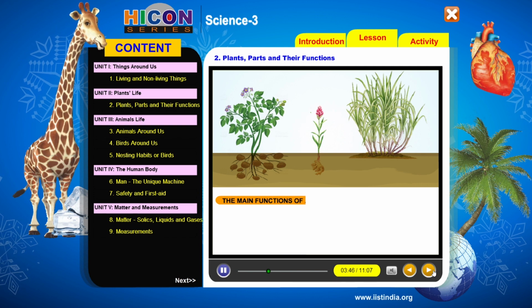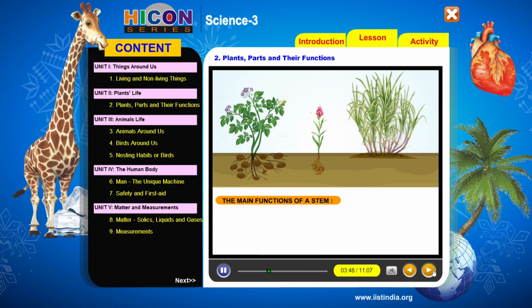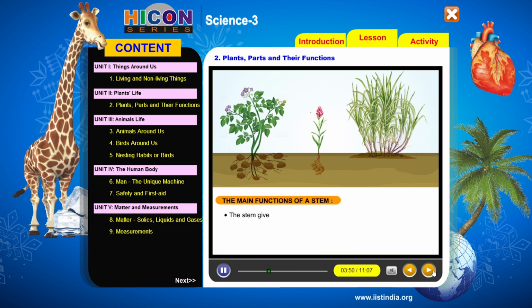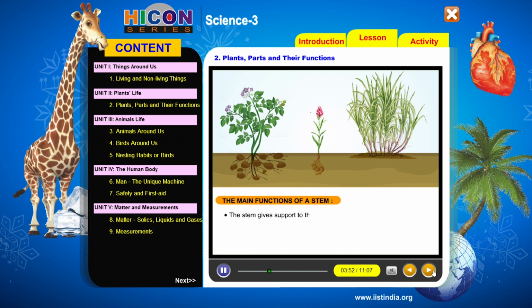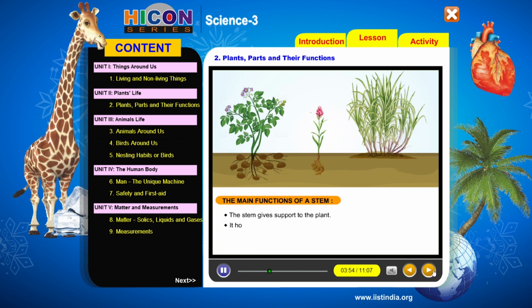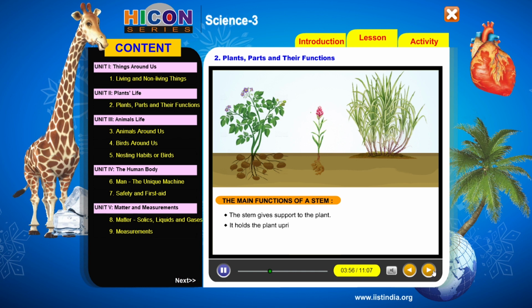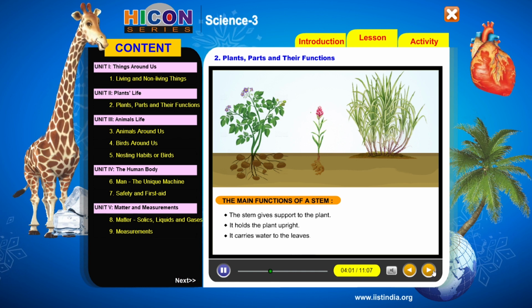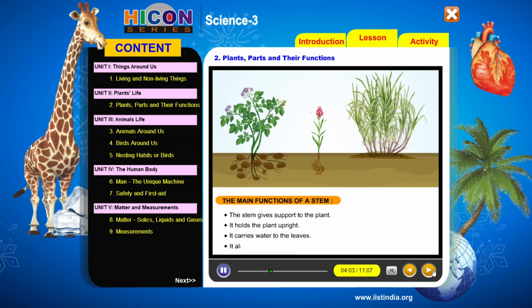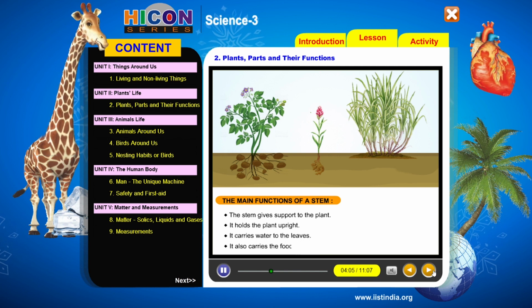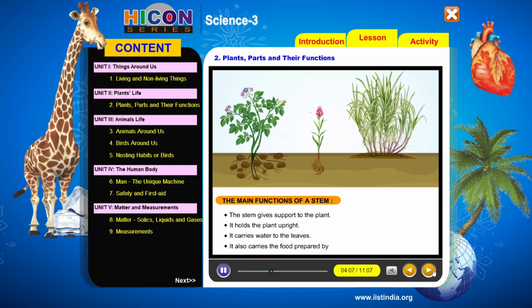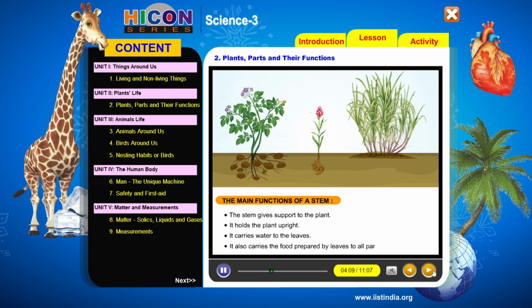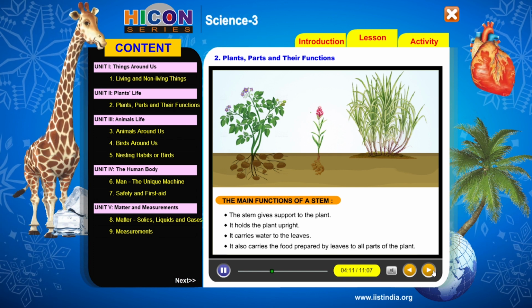The main functions of a stem. The stem gives support to the plant. It holds the plant upright. It carries water to the leaves. It also carries the food prepared by leaves to all parts of the plant.